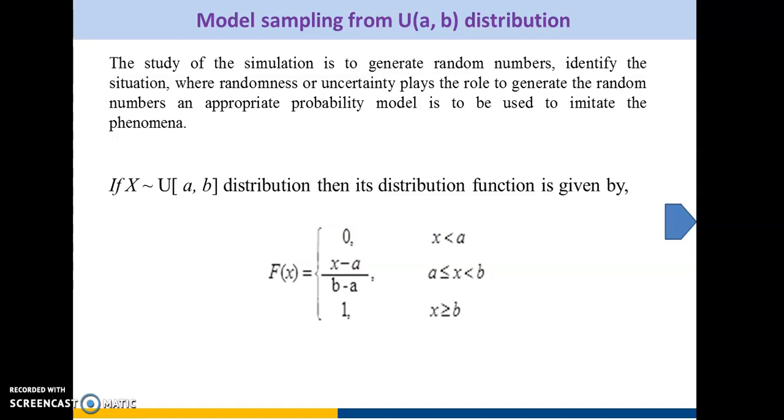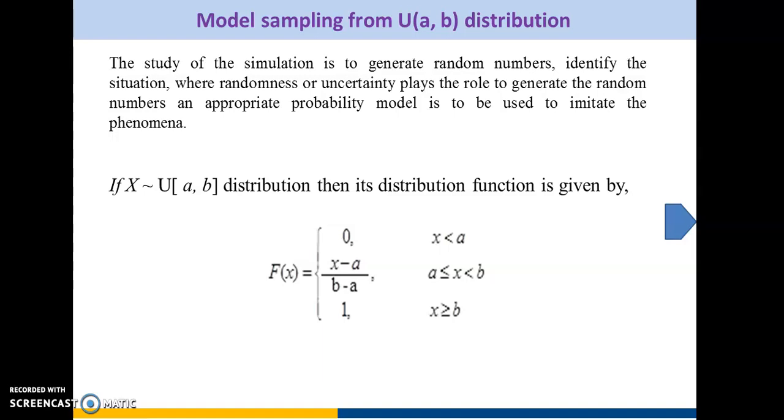To generate the random numbers, we need the appropriate probability model, and this model is used to imitate the phenomena. In today's practical, we are going to generate random samples from three continuous distributions. The first one is the continuous uniform distribution over the range a to b.